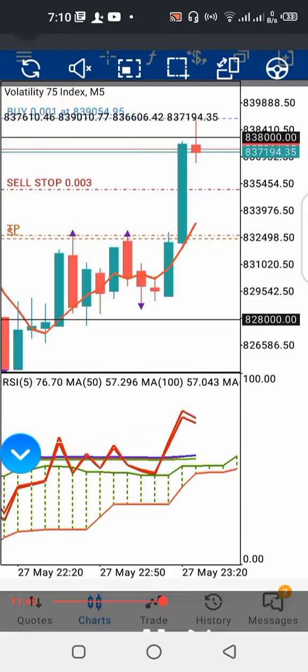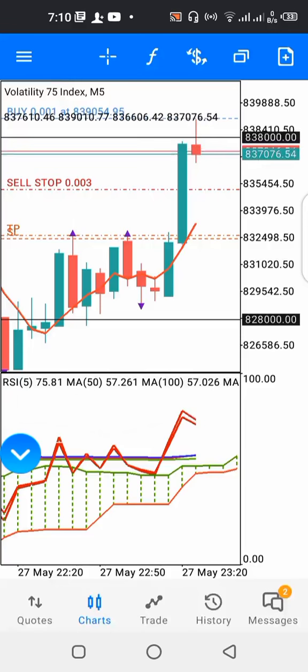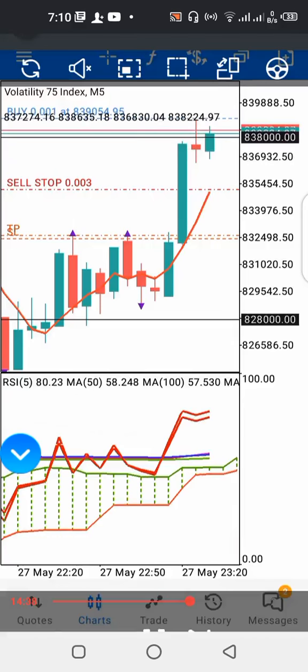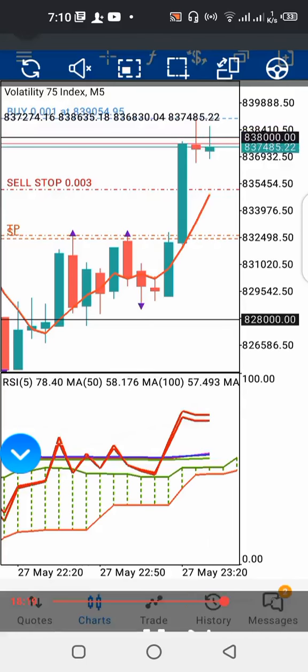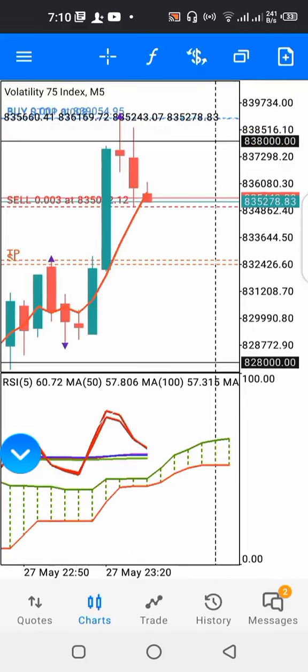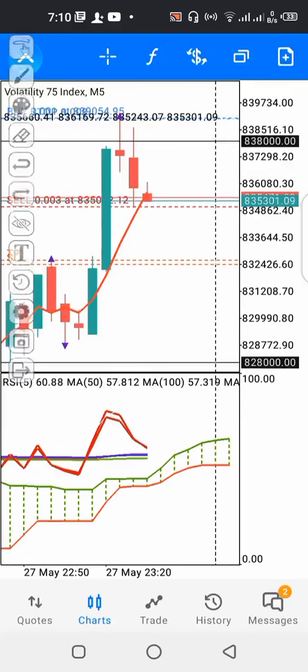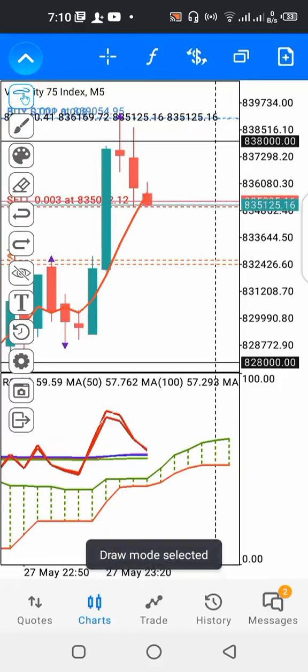So what I'm going to do is to try to fast track the video. All right, looking at this, the sell stop has been triggered.